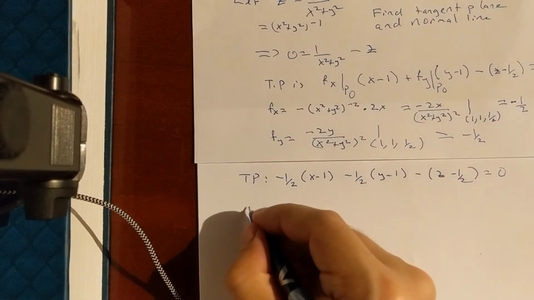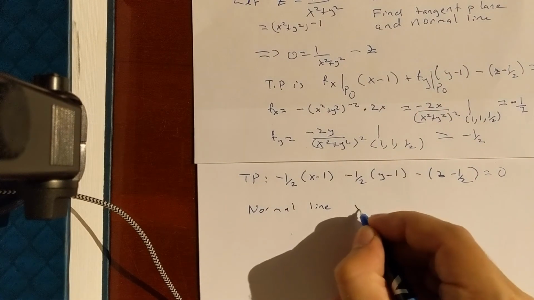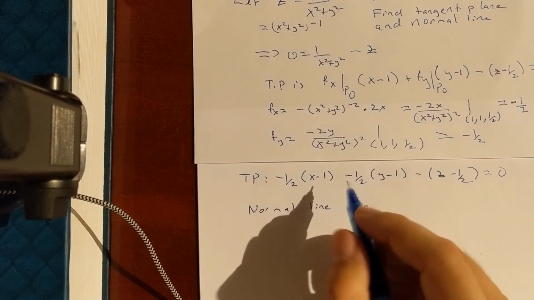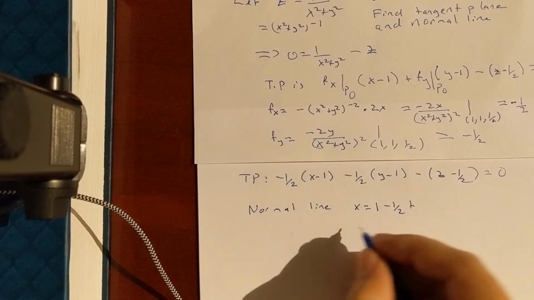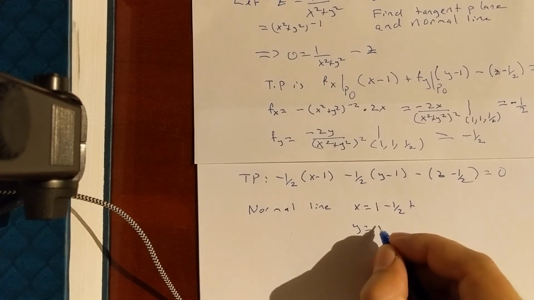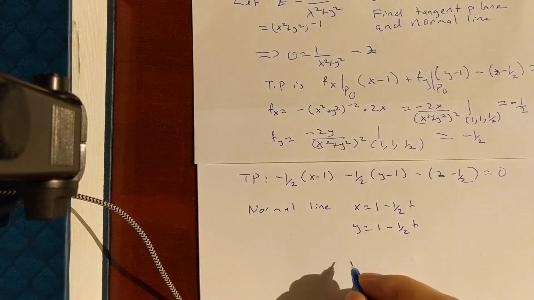What about the normal line? The normal line is very easy to read off here. It's going to be x equals, well, x naught was 1, minus 1/2 t. y was also 1 minus 1/2 t.